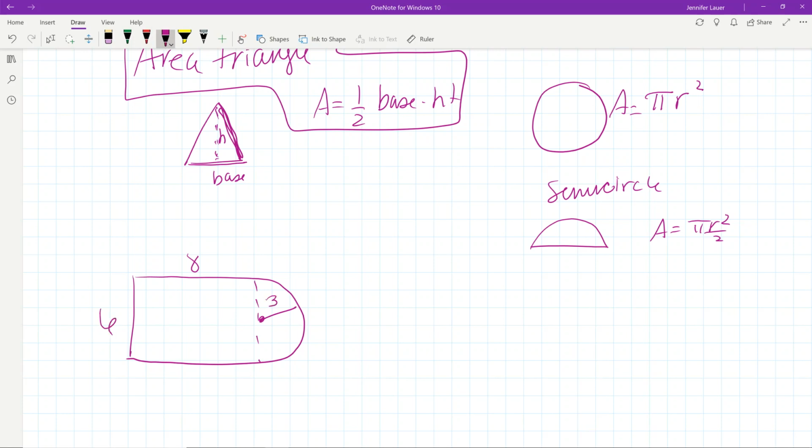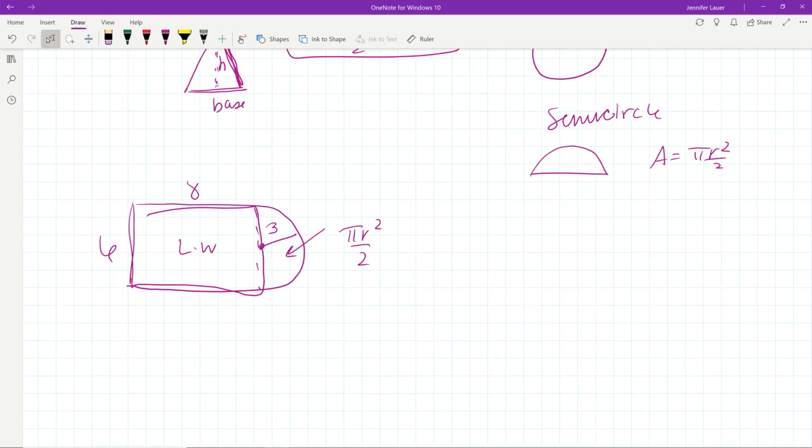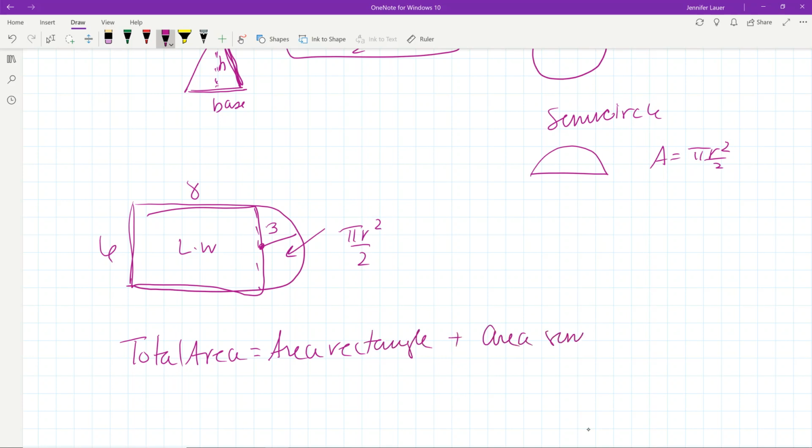So essentially what I have here is a rectangle, which is length times width, and a semicircle, which is pi r squared divided by 2. So when you're given something like this, you want to take a step back and say, okay, my total area is going to be the area of a rectangle added to the area of a semicircle. And then that way, you're taking smaller parts.